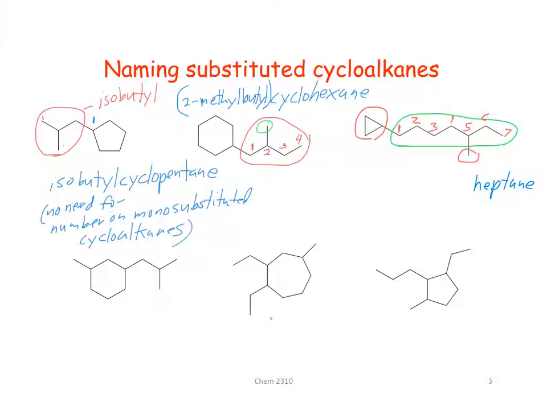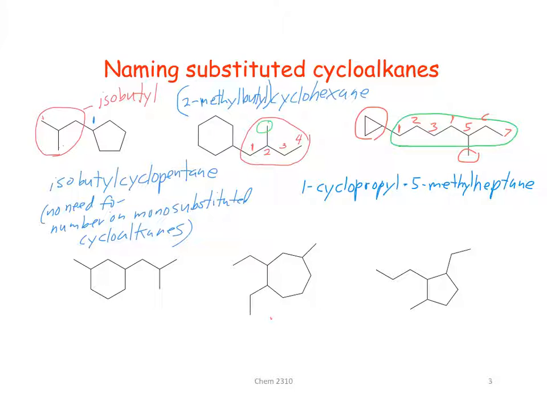Okay, so we're going to put cyclopropyl because we're going to count the cyclo part. C comes before M for methyl. So we're going to have something like 1-cyclopropyl, right? Hyphens between numbers. 5-methylheptane.